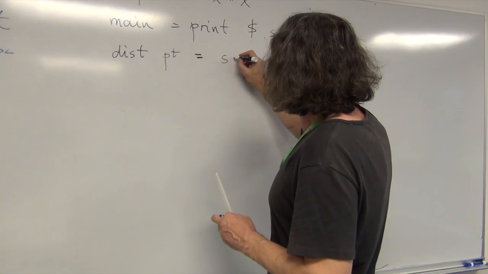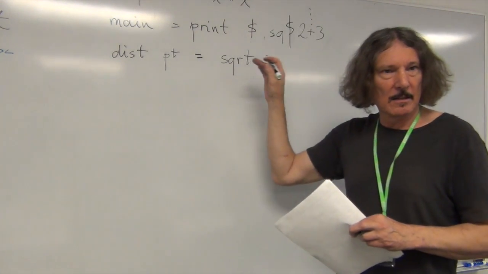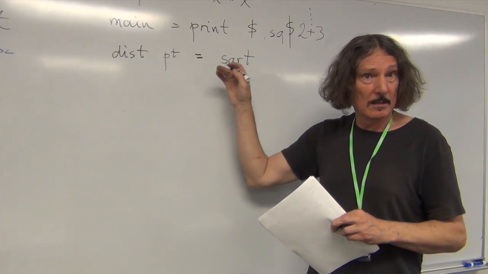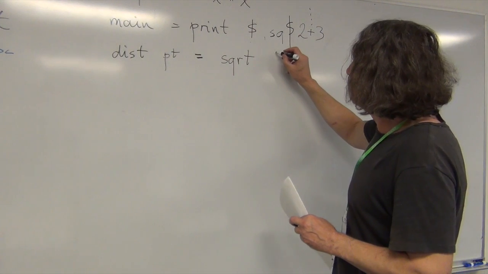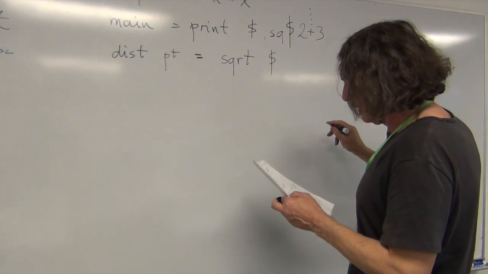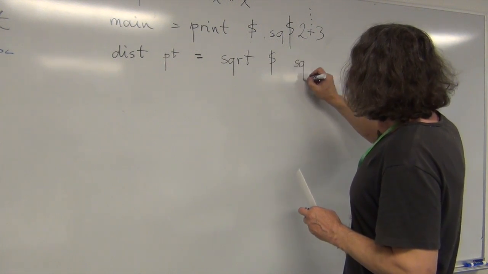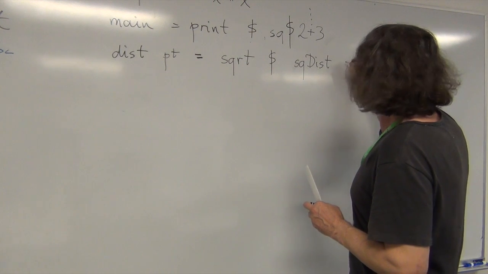And we'll define it as square root. That's a function that's in the standard library, which is called prelude in Haskell. So this is a prelude function. And we want to apply this to square distance, which we had previously, of PT.